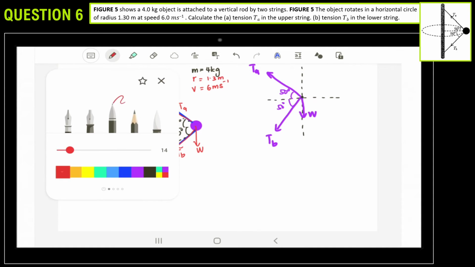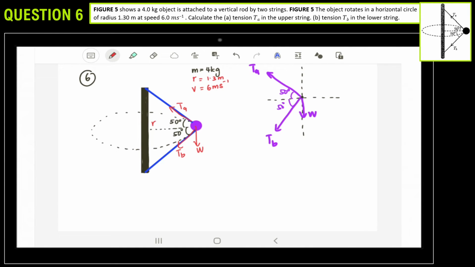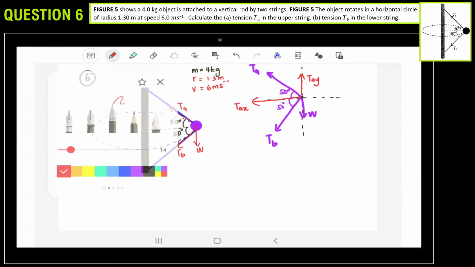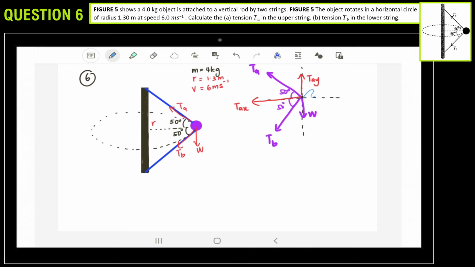Now we need to resolve TA and TB into X and Y components. So we have TAY and TAX, and for TB we have TBY and TBX.